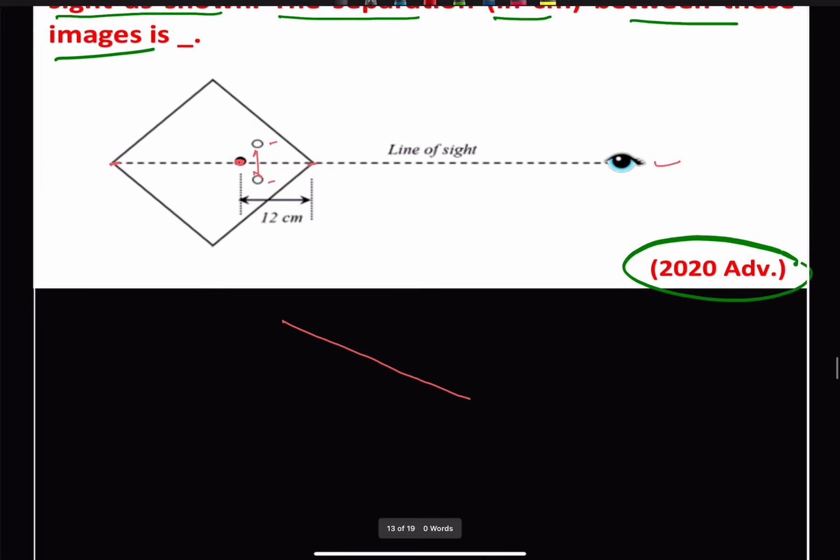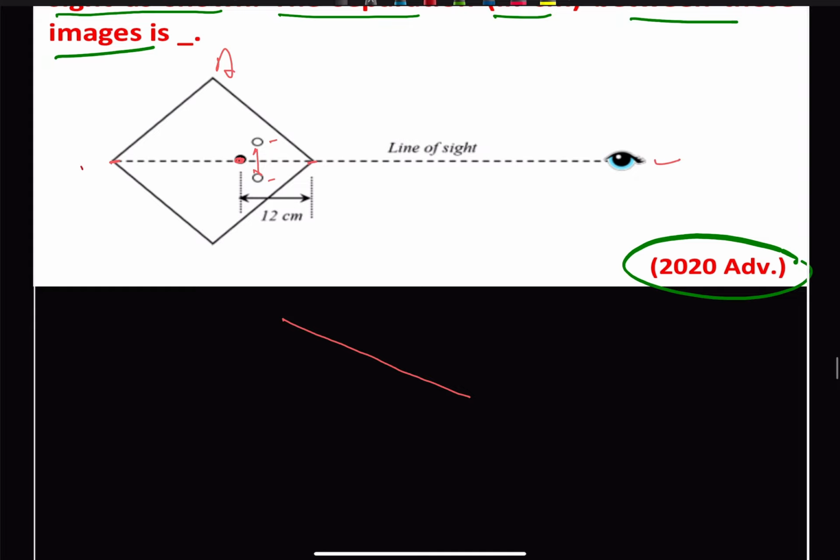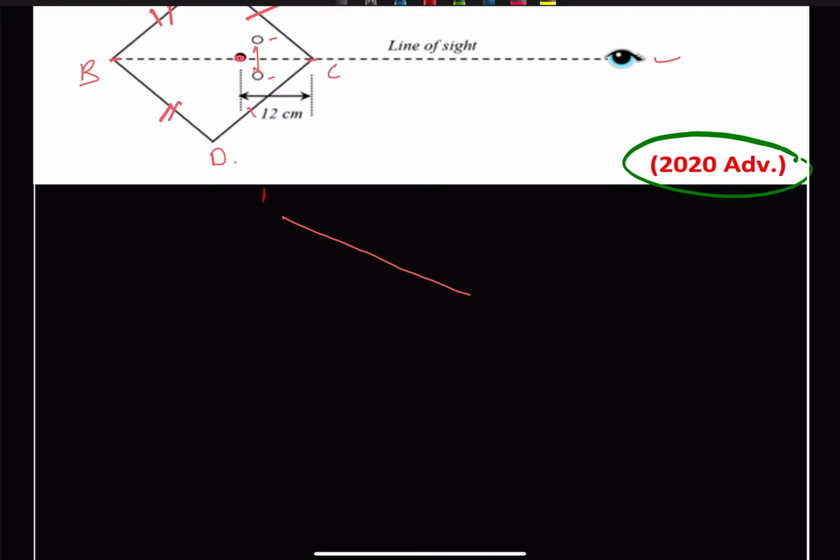Let us call this A, B, C and D. This A, B and C, D are not of much importance. The only thing that will be important will be AC and DC, and both AC and DC are going to behave in the same way, so we are only going to discuss with respect to AC, and that can be replicated for DC also.